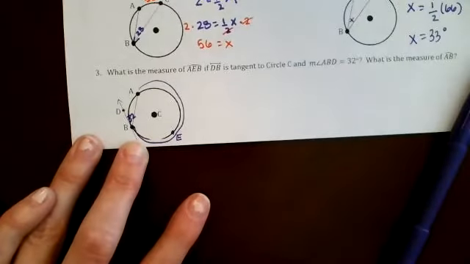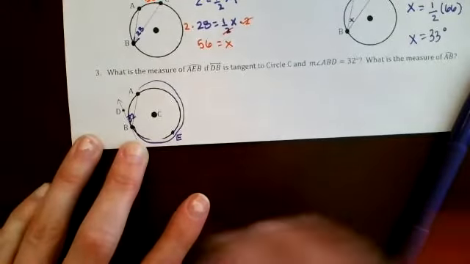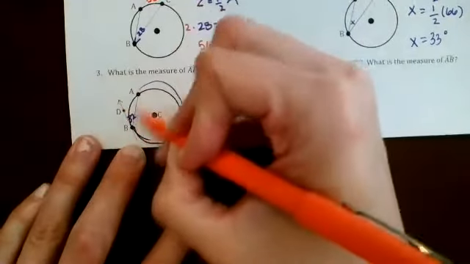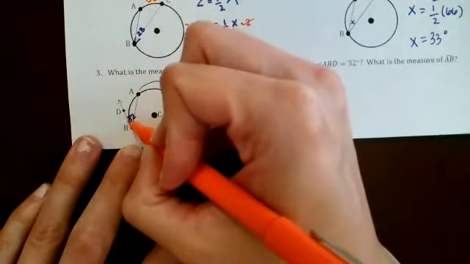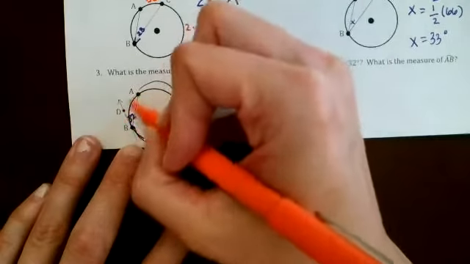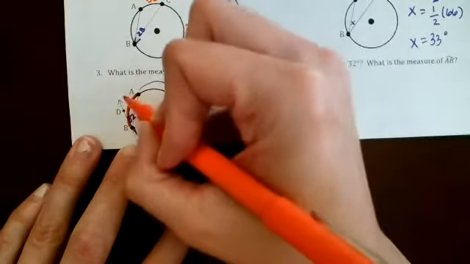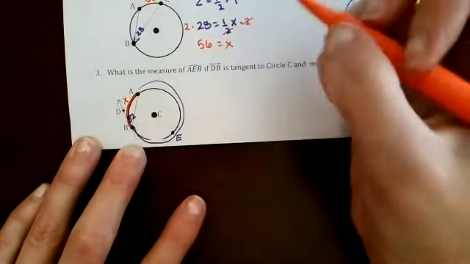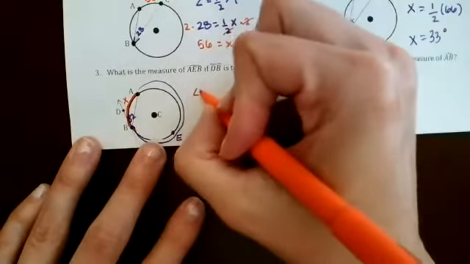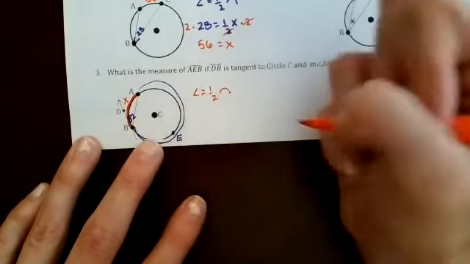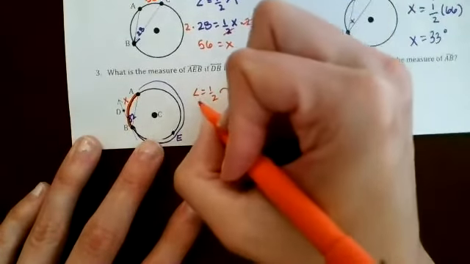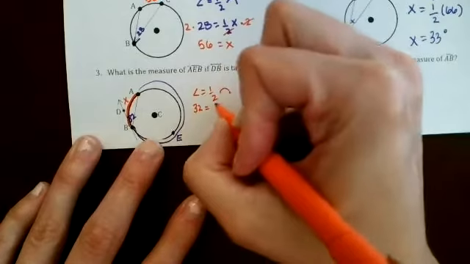So our theorem at the top said that if we have a tangent and a chord, the angle is equal to half the intercepted arc. This is our intercepted arc. I'm going to call that x for right now. I know this angle. The angle is half the arc. Okay, so I know my angle is 32.